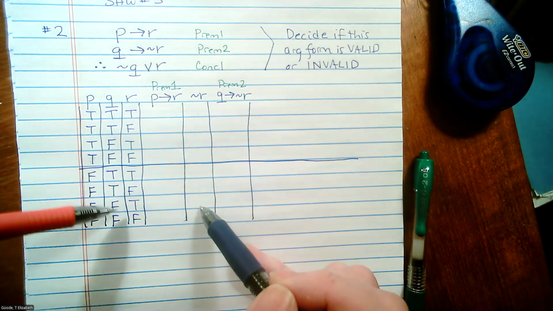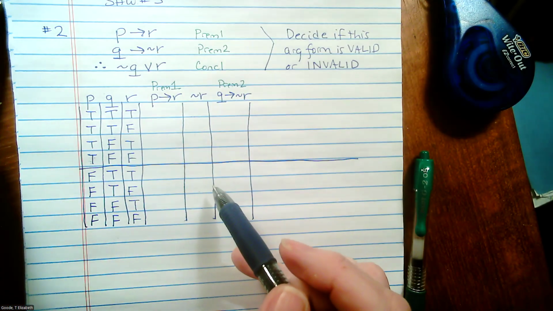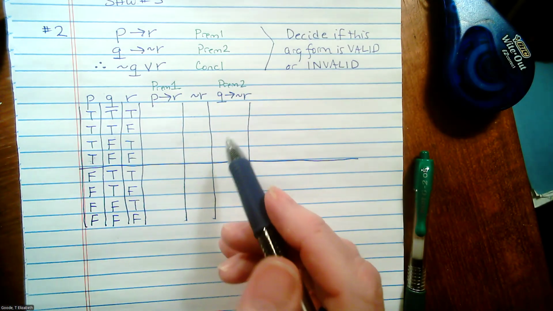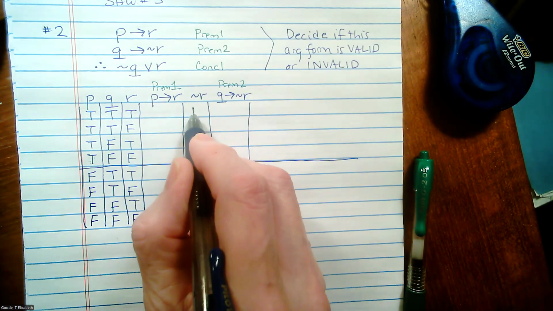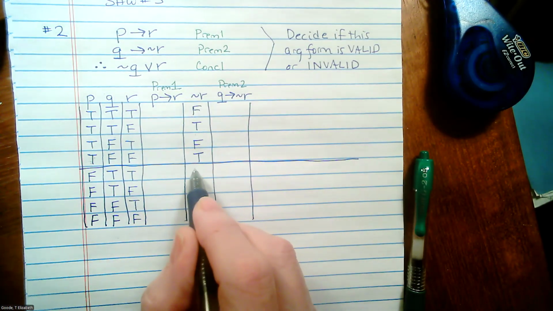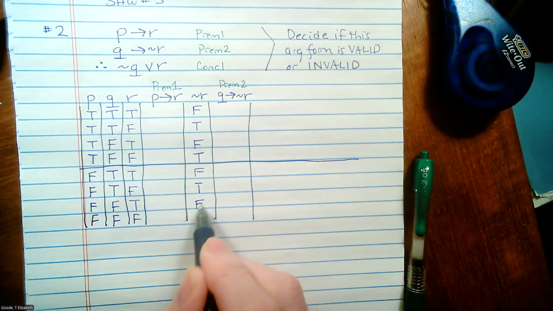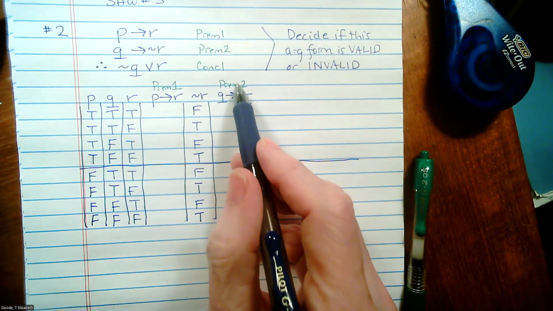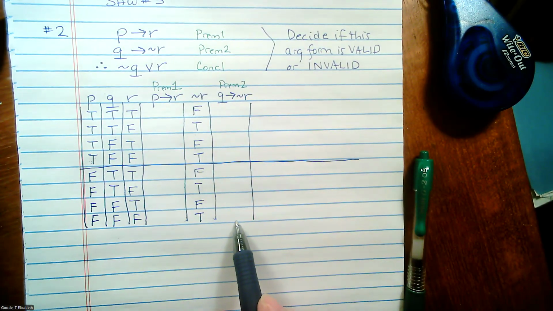So not R will be false, true, false, true, false, true, false, true.